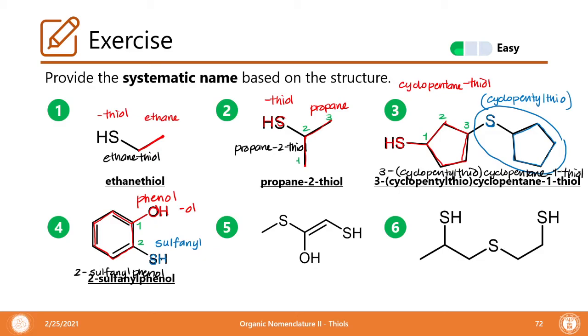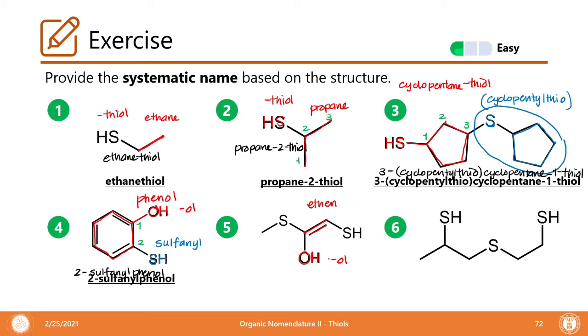This is an illustration of using thiol as a substituent. The same case could be said in number 5, where we have an alcohol group here, OH, connected to a carbon, ethene.